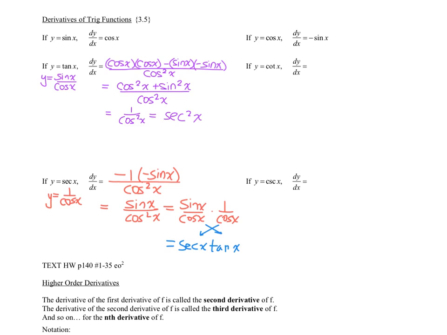Derivative of tangent is secant squared, so derivative of cotangent is negative cosecant squared of x. Derivative of cosecant, well, we know the derivative of secant is secant tangent, so derivative of cosecant is negative cosecant cotangent.